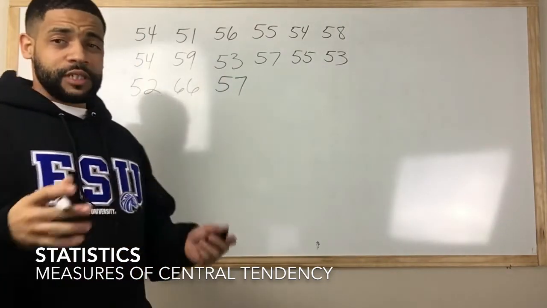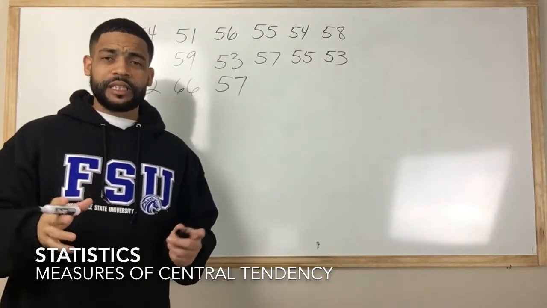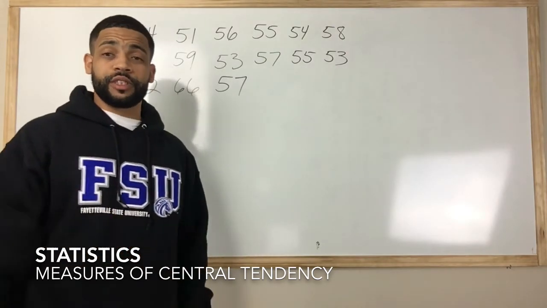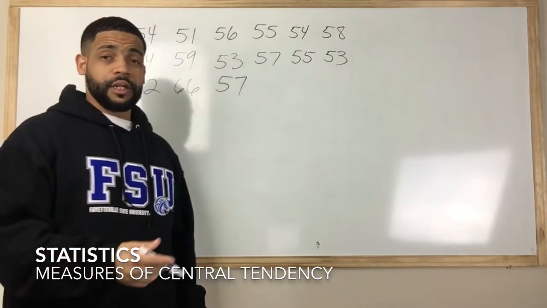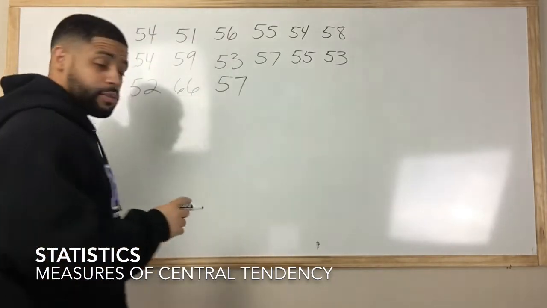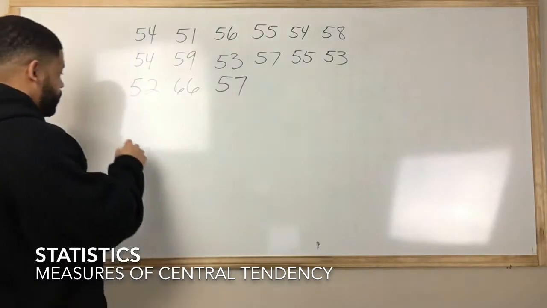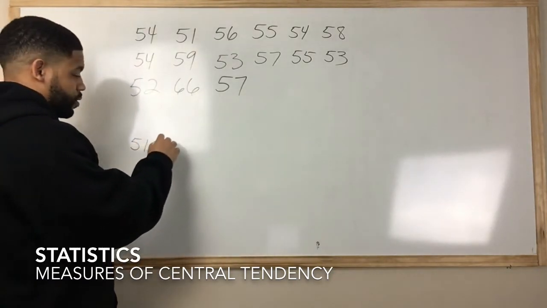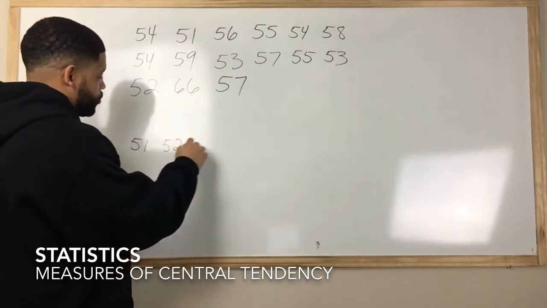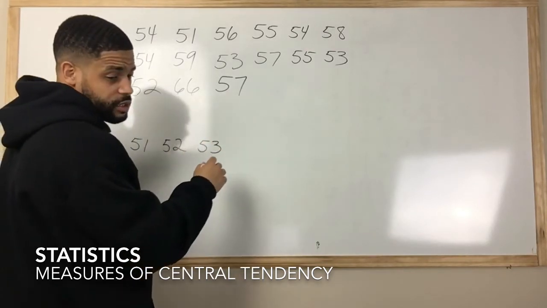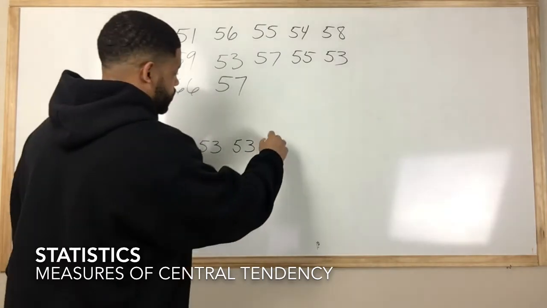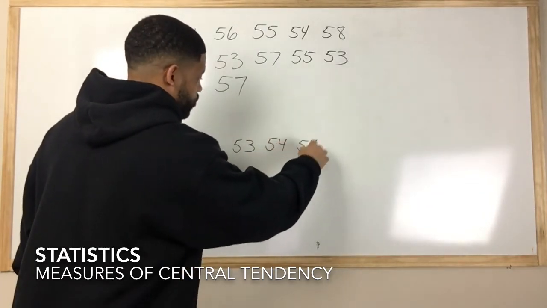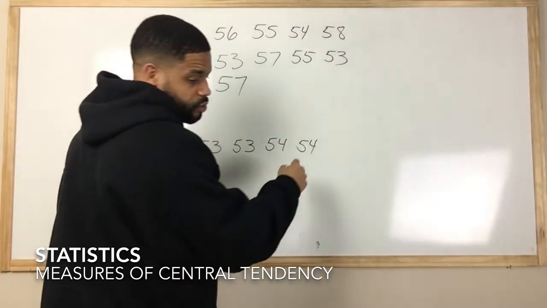Many times when you are finding the measures of central tendency, you reorder the numbers from least to greatest, and you're going to see why in just a minute. So I'm going to reorder these numbers, and we're going to start with 51. Then 52, 53, 53, 54, 54, 54.